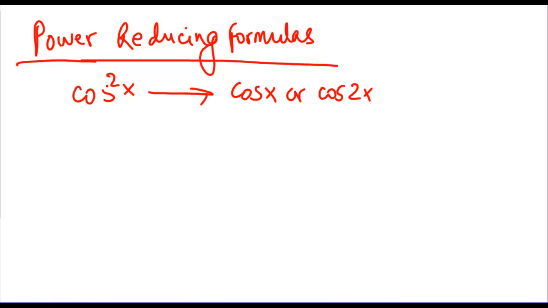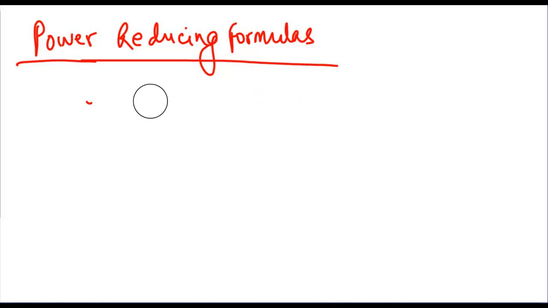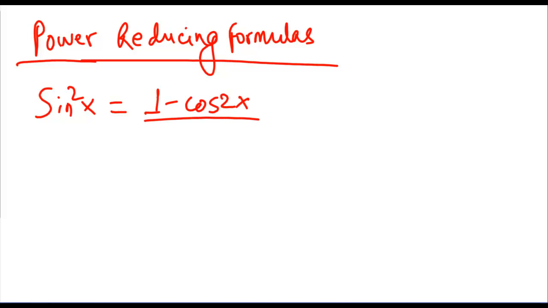So basically, I just reduce the degree of this function from 2 to 1. We have some formulas that would help us do this. The first one we're going to talk about is for the sine square x, and this is 1 minus cosine of 2x over 2.